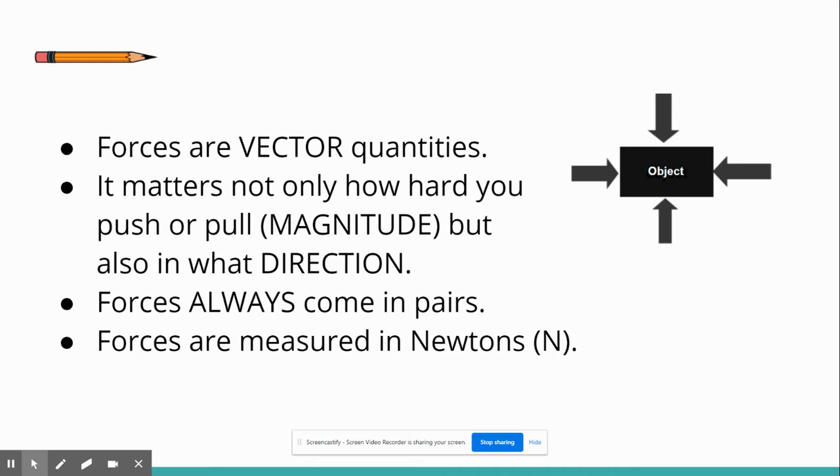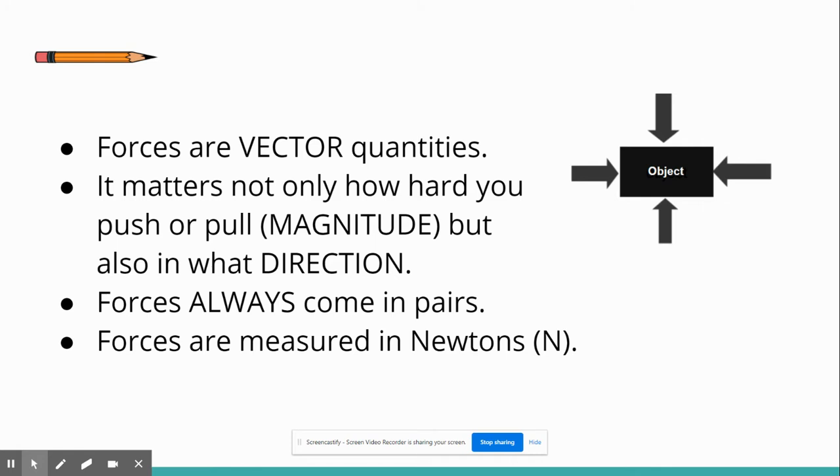And that's because, think about it, it matters not only how hard you push or pull, so that's the magnitude of the force, but it's also going to matter in what direction you're pushing or pulling. And so that's why we need vectors. Forces always come in pairs. We're going to state that here, and then we're going to come back to that in a couple of weeks.